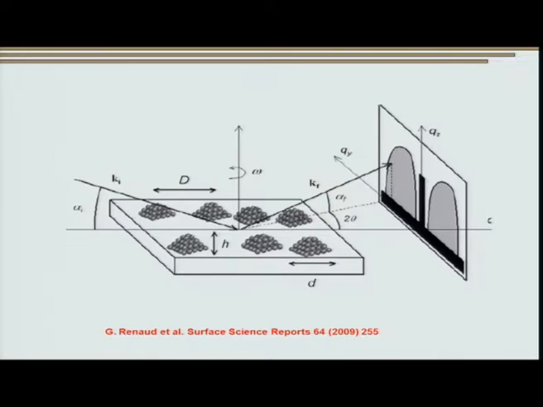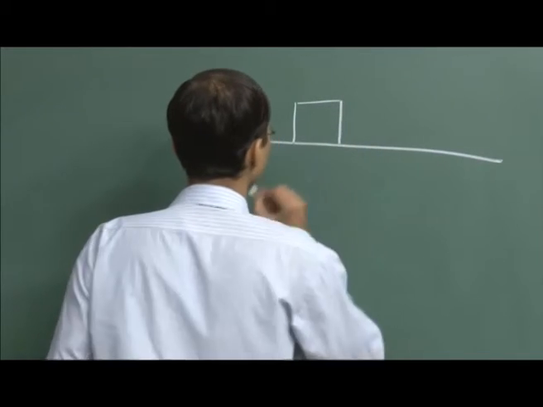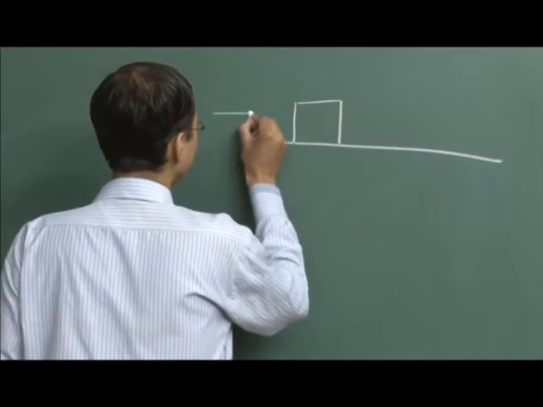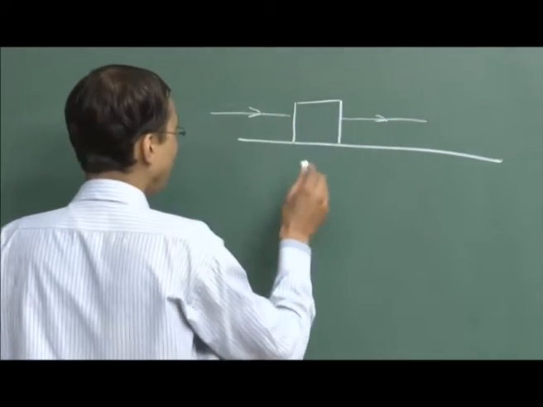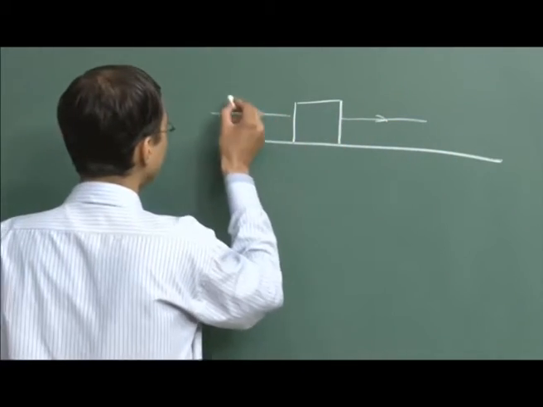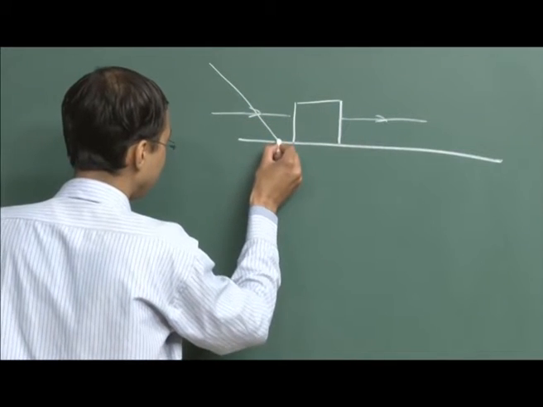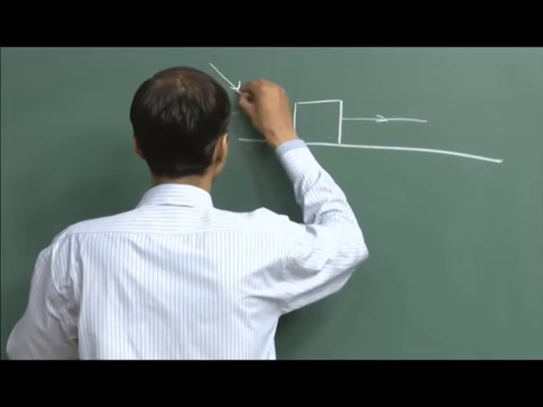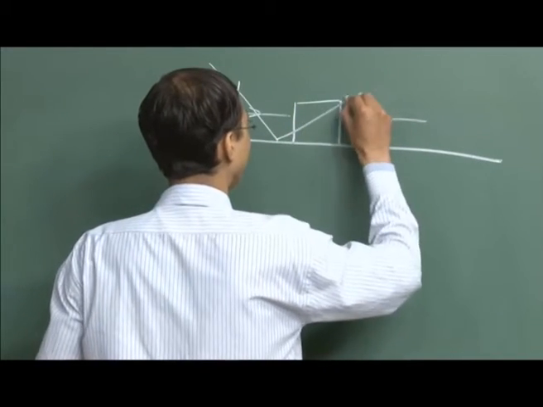So if we go to the surface and we have say something like a pillar over here, in case of Born approximation, we know that there is only single scattering, while you know that in this kind of a case that is not necessarily true. So we can have a situation where your incident X-ray first gets reflected from the substrate and then it gets scattered, right.